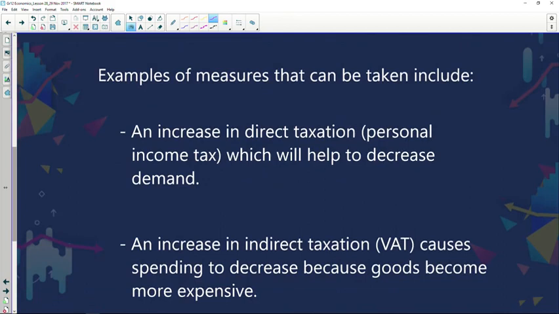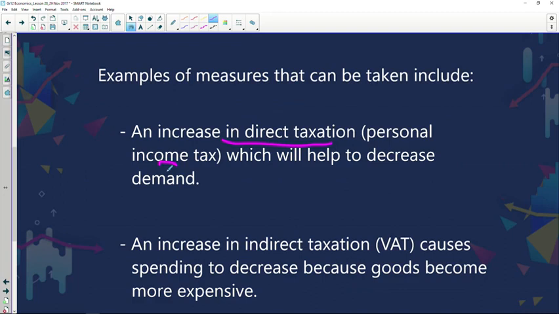There we are. So if there's an increase in direct taxation, that is the personal income tax, which will then help to decrease demand for certain products. And remember, we work on the system that the higher you earn, you will fall in a very high tax bracket, so you will pay more tax as a result of that, because that's part of the redistribution policy that we have as a country.